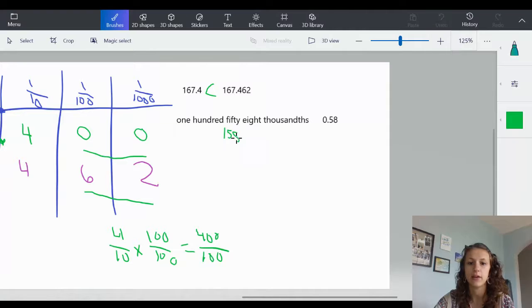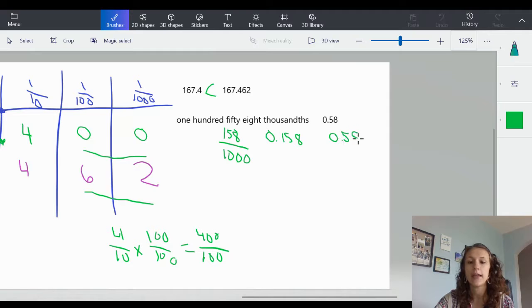I'm starting off with my fractional form. And I know that 158 thousandths would look like 0 wholes and 158 thousandths. So now I'm comparing 158 thousandths with 58 hundredths.